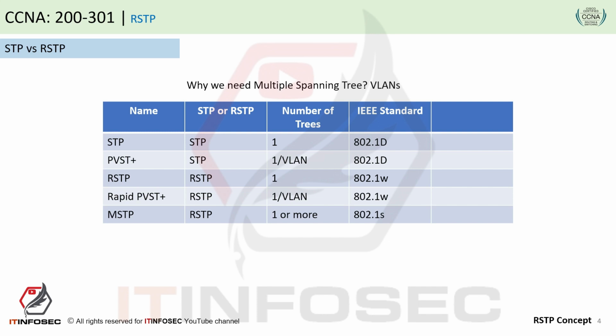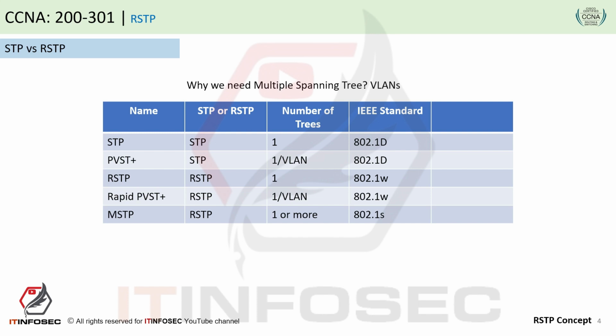Another important item is that RSTP sends one set of RSTP messages, or hello BPDUs, in the network, no matter how many VLANs are present, while Rapid PVST+ sends one set of messages per VLAN.